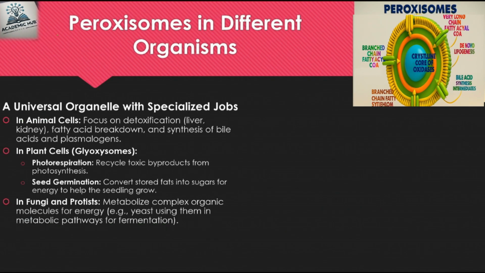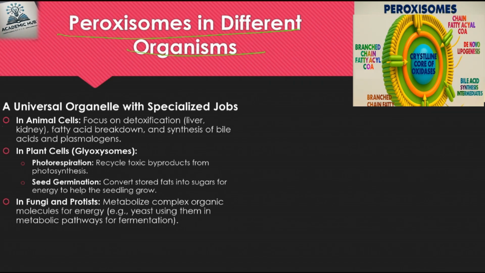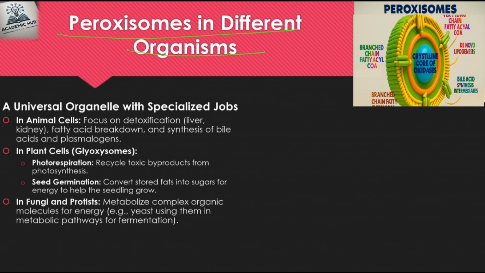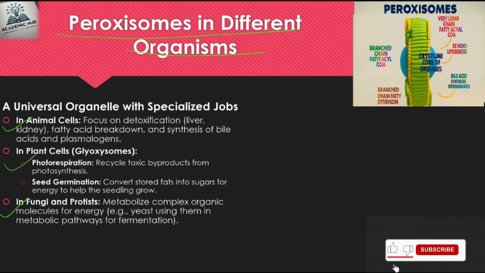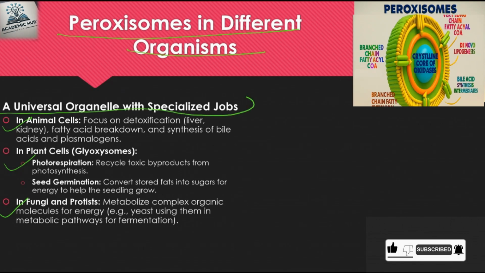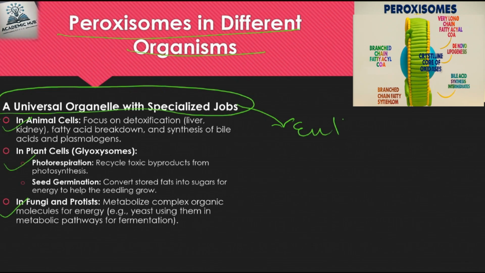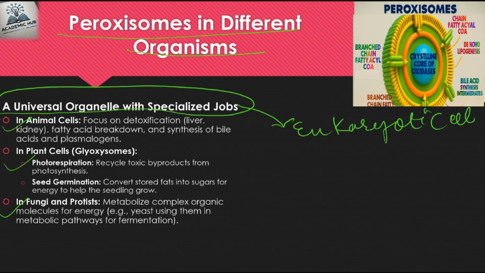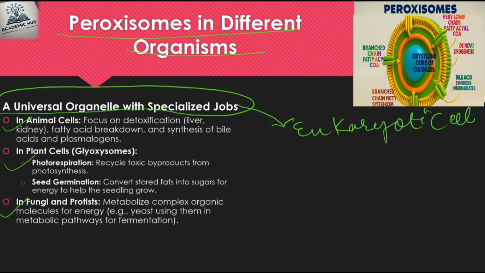Now next is peroxisomes in different organisms. Different organisms means in animals, in plants, in fungi and protists. A universal organelle with a specialized job. Peroxisomes are a common feature of eukaryotic cells. Their specific function can be adapted to the needs of the organism.